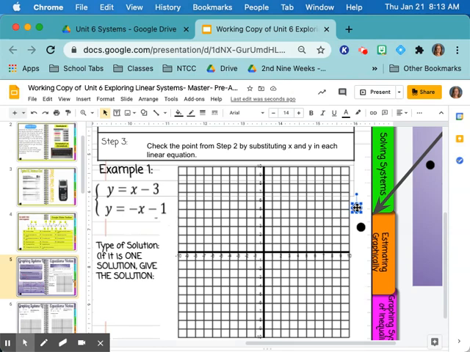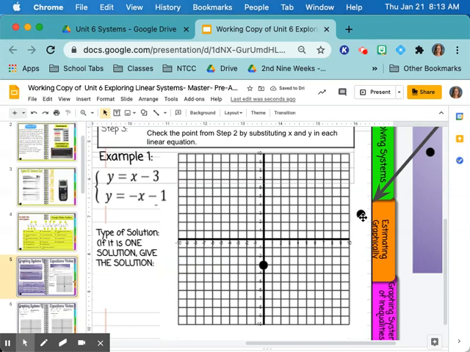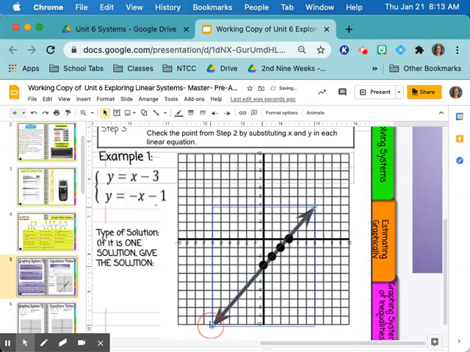We're going to graph the y-intercept at negative 3, and then go up 1 over 1, up 1 over 1. So just have a couple of points. And now use your line. There we go.